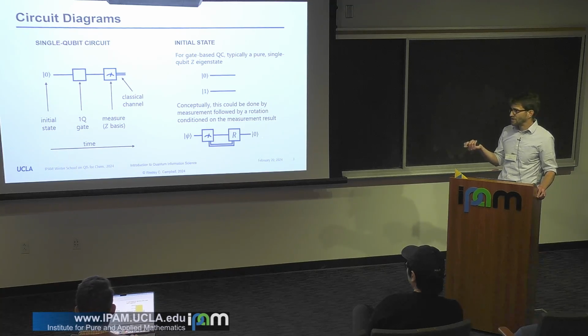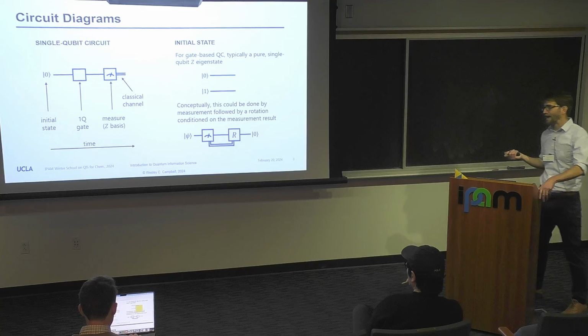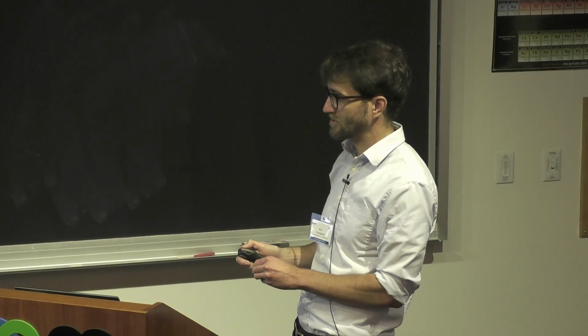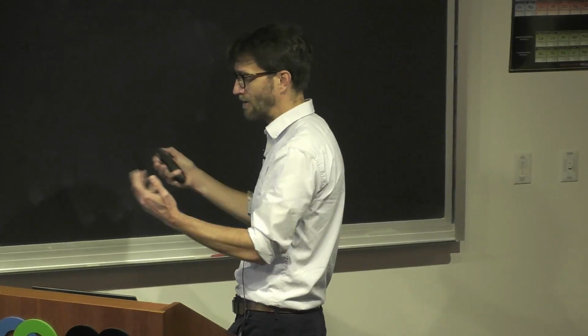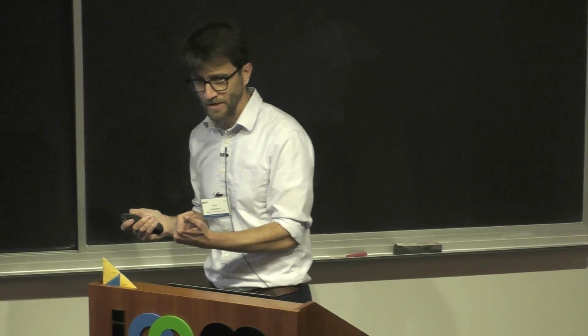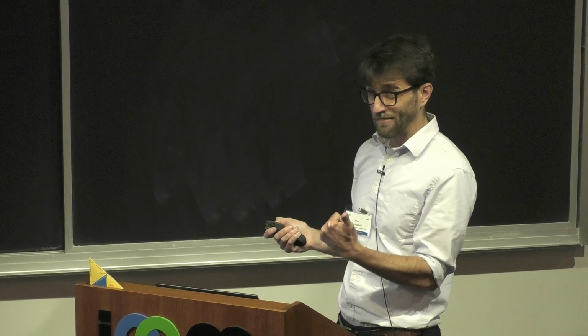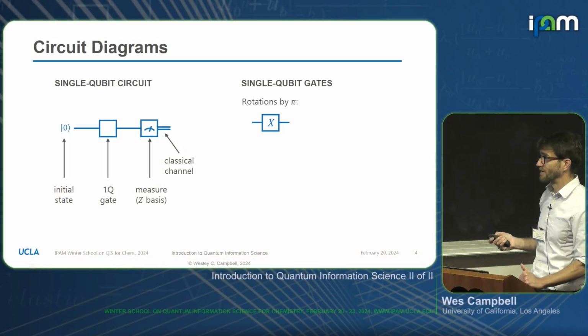So state preparation and state measurement are kind of the same thing here. In both cases, you might say I have some ignorance about the state of the system. Maybe it's classical ignorance. Maybe it's truly quantum mechanical lack of determination. And then, at the end of it, you gain information about it, okay? For single qubit gates, we've already talked about the various rotations and how to represent those on the Bloch sphere.